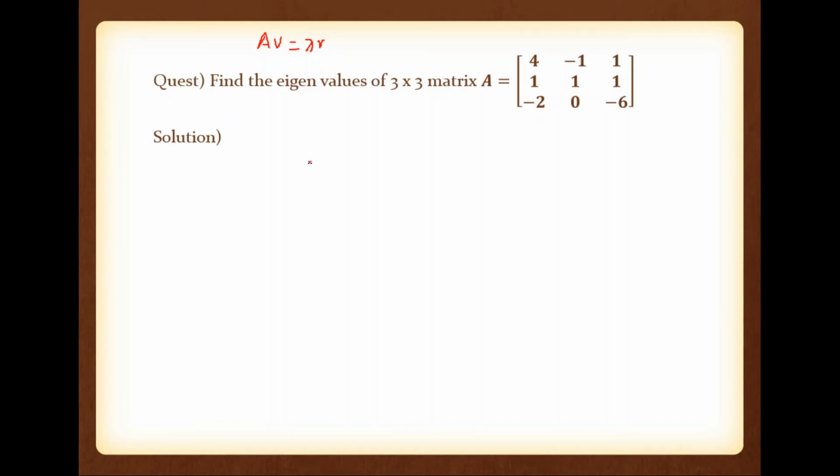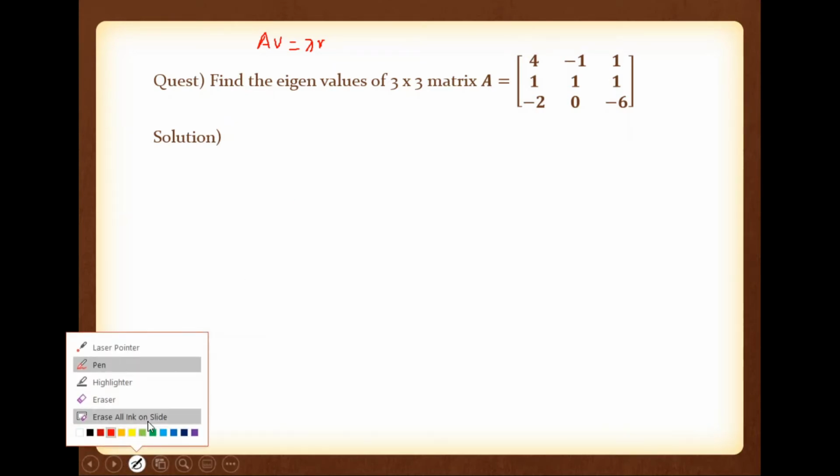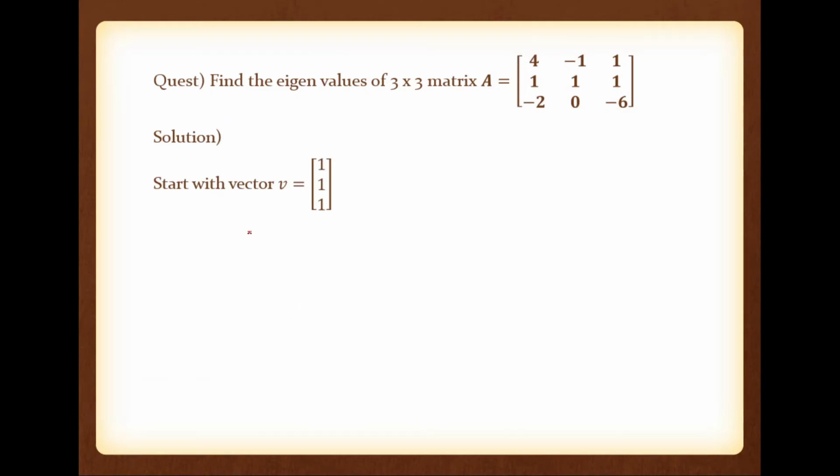Is it clear? That is what eigenvector means. So, take any initial vector V. This is not the eigenvector now. In order to find that eigenvector, we are using V. So, V is equal to 1 1 1.